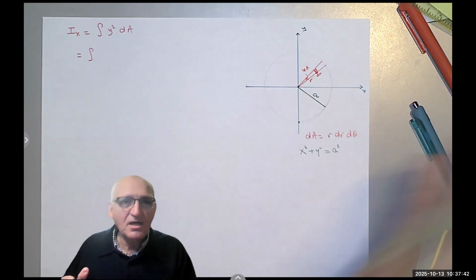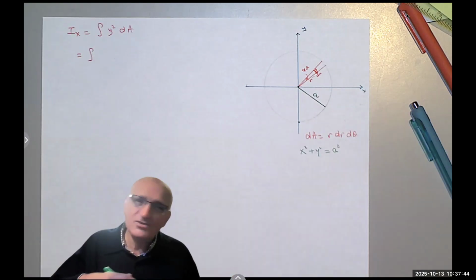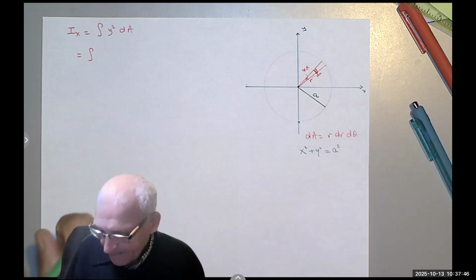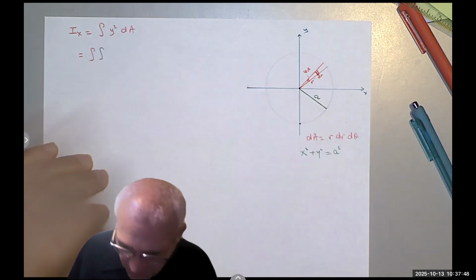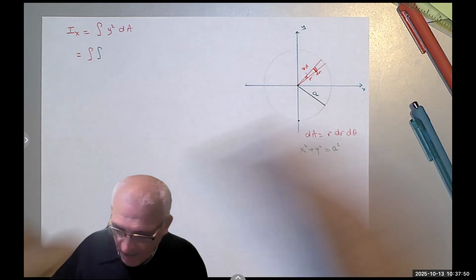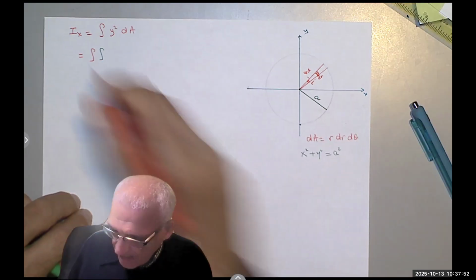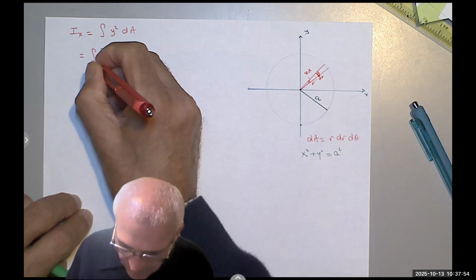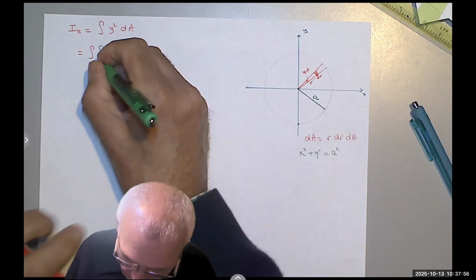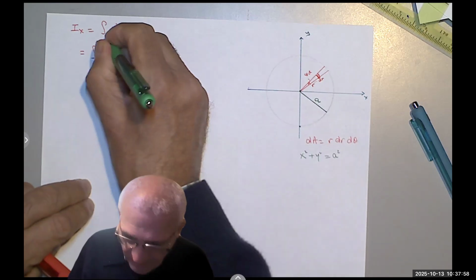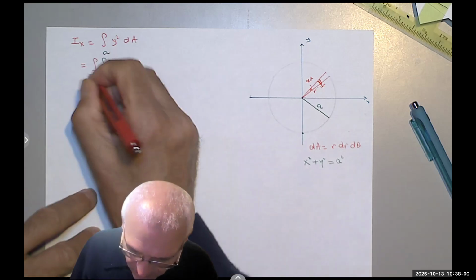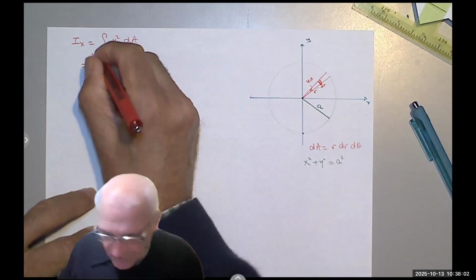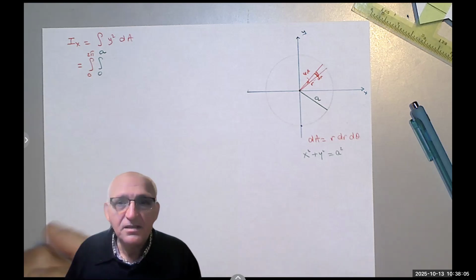Okay, so we don't use r as a variable and r as a limit of integration. It doesn't work, right? So we have double integration. The r goes from 0 to a, and the angle goes from 0 to 2 pi. So let's use two different colors.